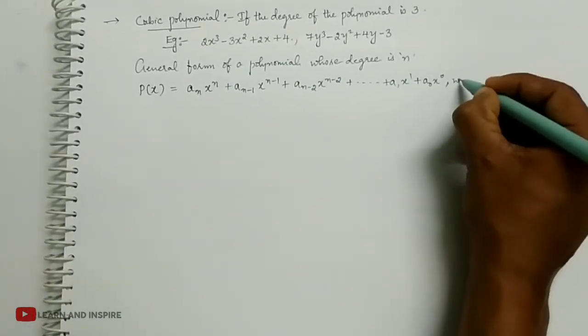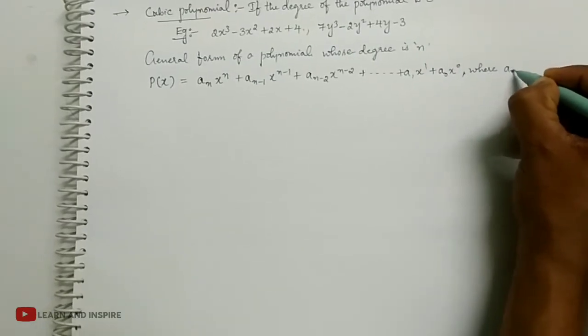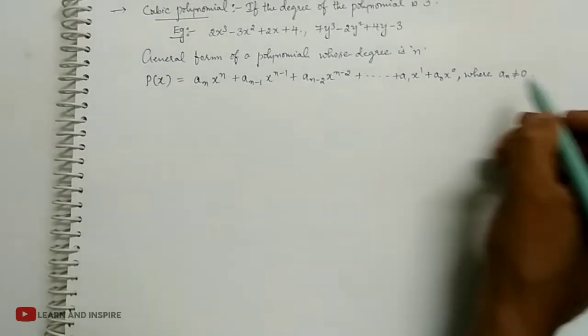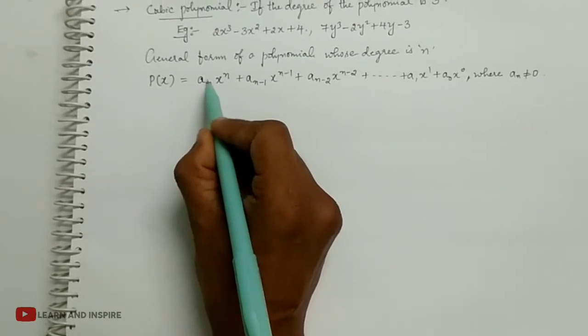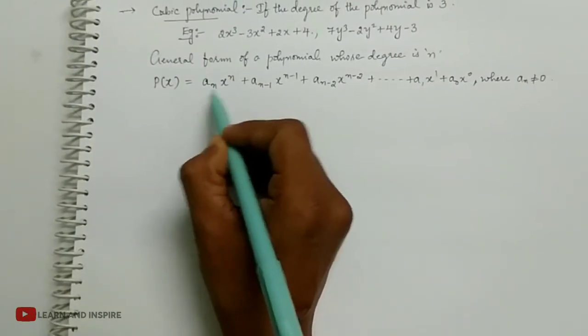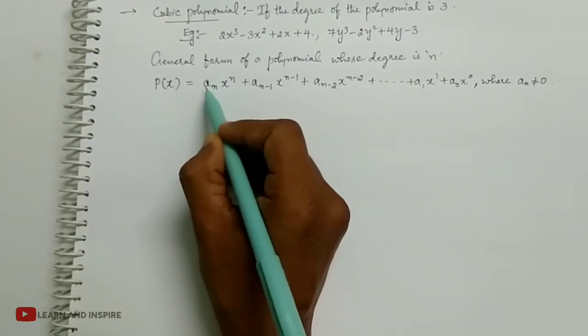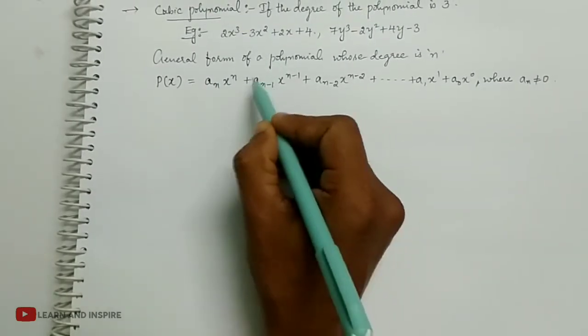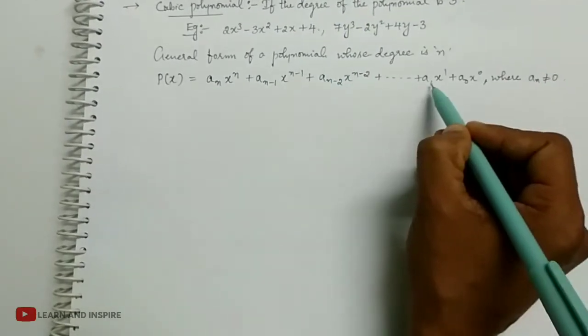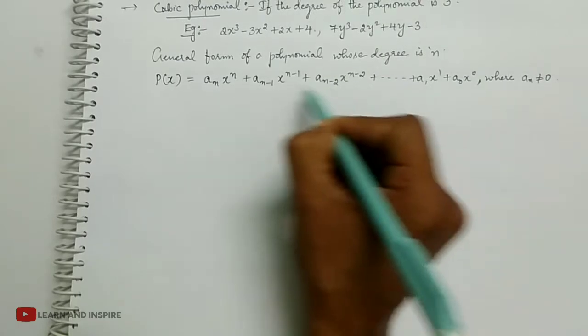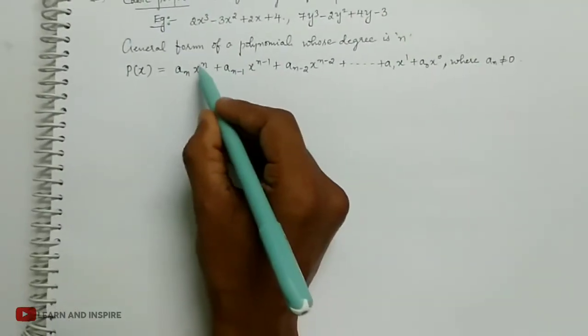Here an is not equal to 0, so an should be not equal to 0. The first term is the leading coefficient. So an minus 1, an minus 2, so on, a1, a0, all these are coefficients of the variables.